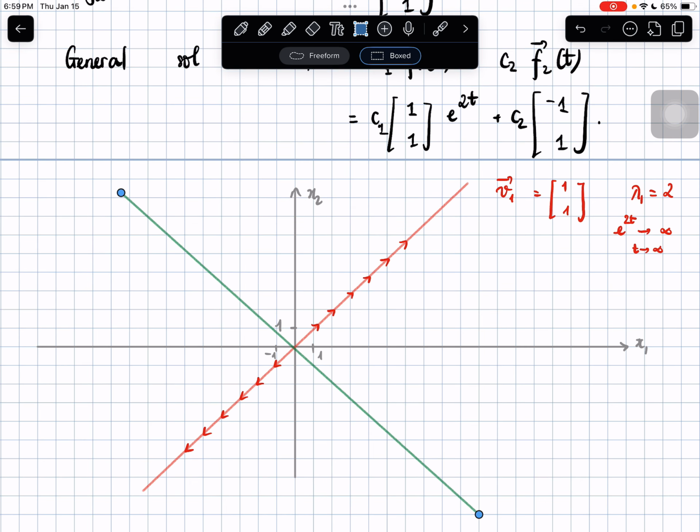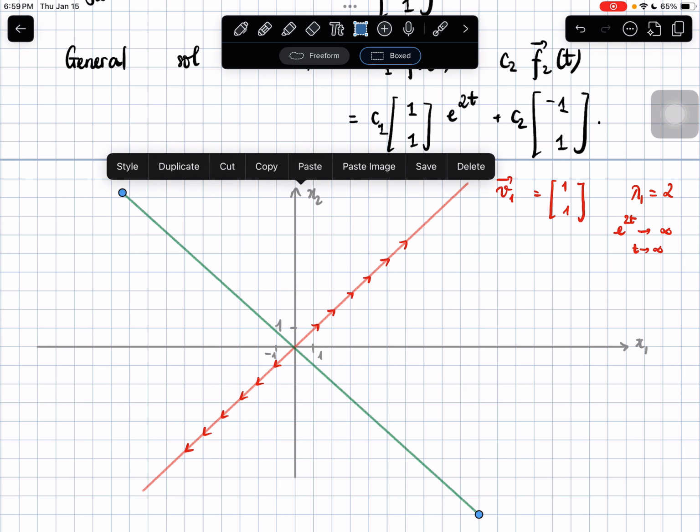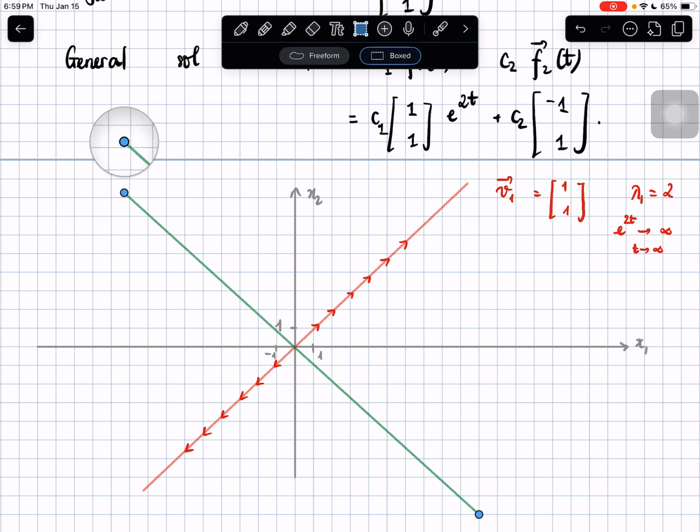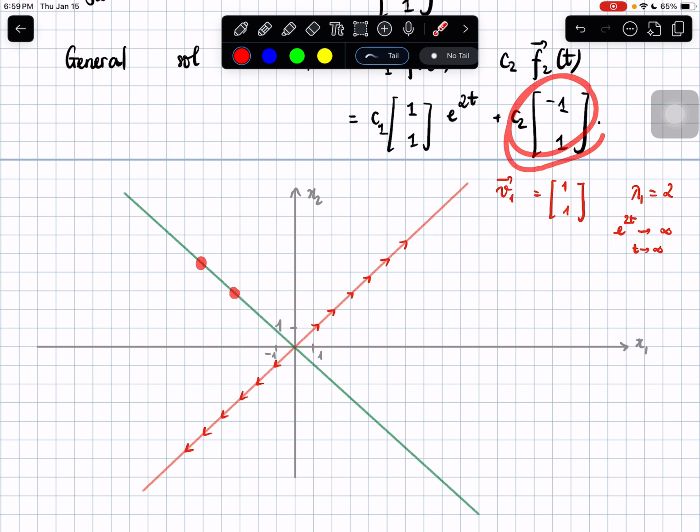When the coefficient c1 is 0, the solution will be c2 times this vector. For example, c2 equal 2, you have (minus 2, 2), just one point like that. It is independent of t. There's no t here.